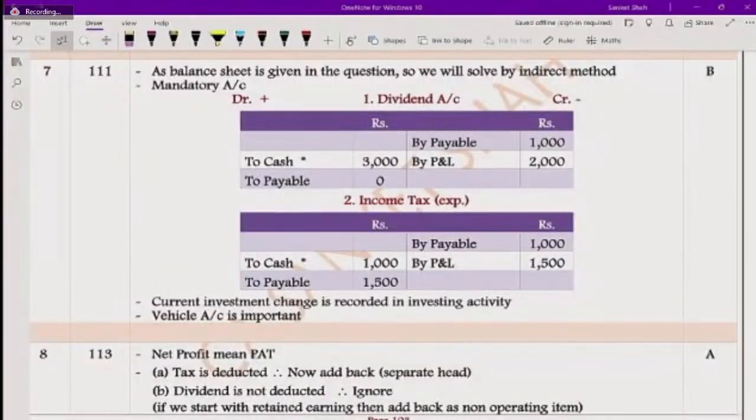Yes, dividend and income tax is a mandatory account, and current investment changes is recorded in investing activity, and vehicle account is important in 7 number. You can take a screenshot. Dividend account, mandatory accounts are dividend and income tax.